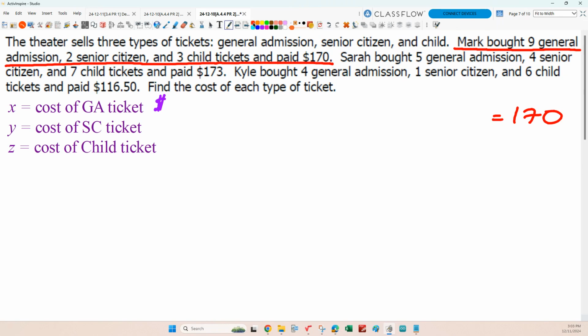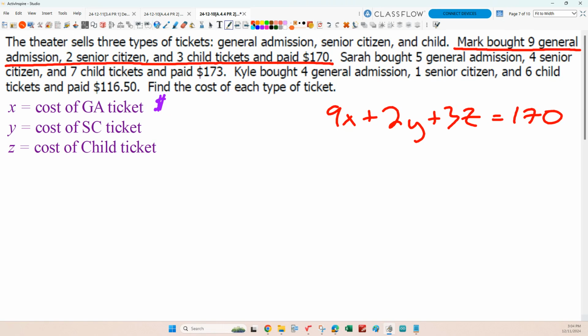Because he bought 9 of those tickets that each cost X dollars. How much did he pay for senior citizen tickets if he bought 2 of them? 2Y, because the cost of each one is Y. How much did he pay for child tickets? There you go, 3Z. And the total he paid was $170.